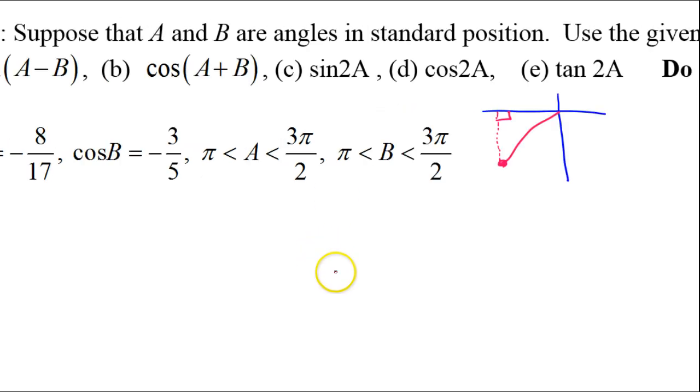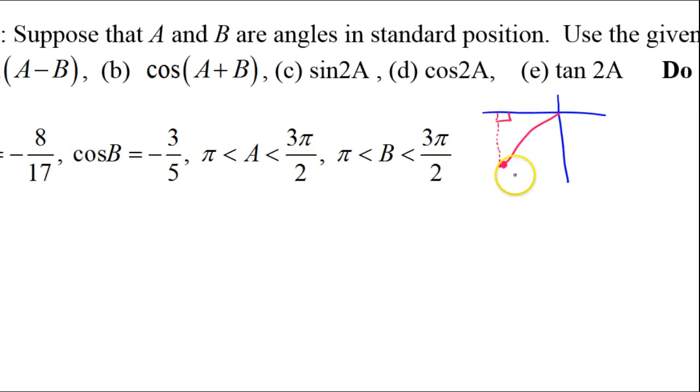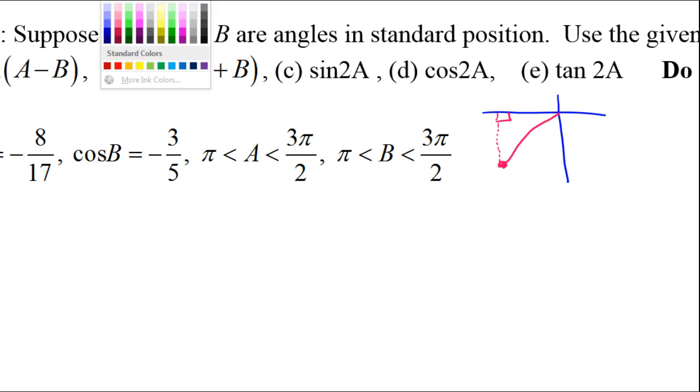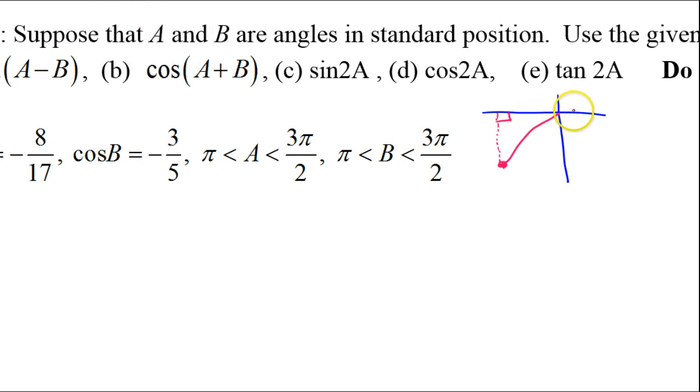This is angle A that we're drawing here. You know what, that's going to be kind of in the way. Hold on. I'll put it over here. Alright, great. This is angle A.